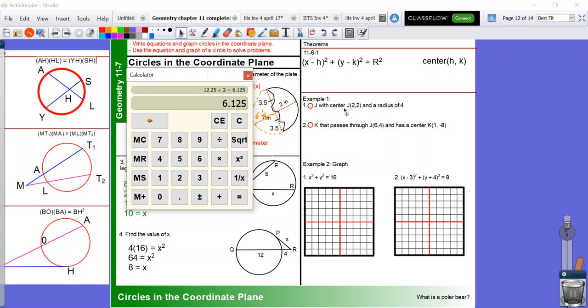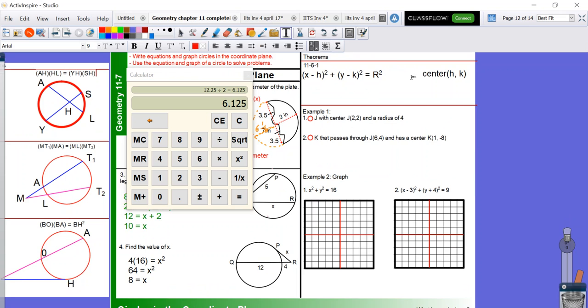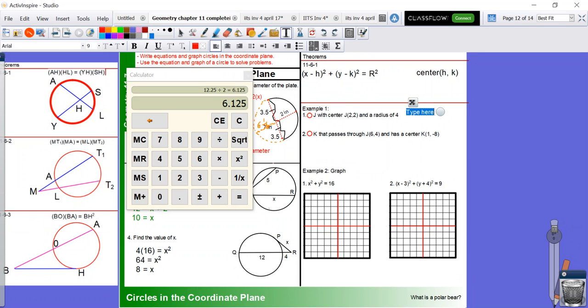So right here we have a circle, and we have the center and we have the radius. Well, that makes it pretty easy to fill this in. So we know that we'll have the quantity x minus 2, and that has to be squared.